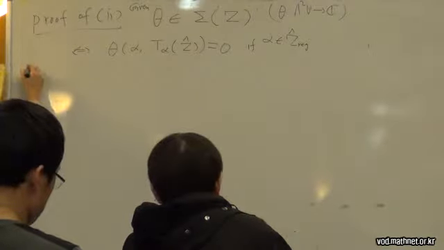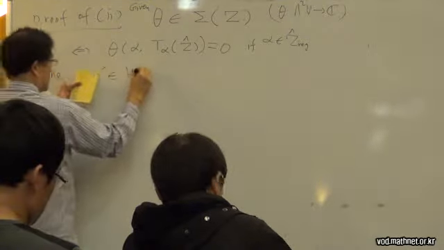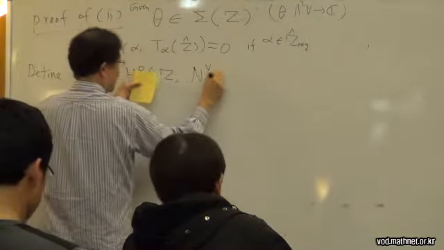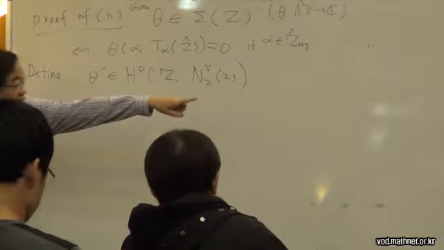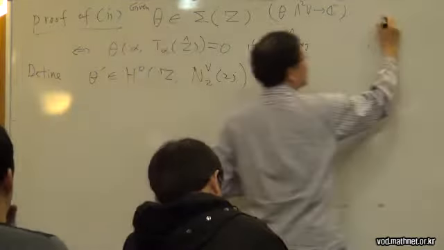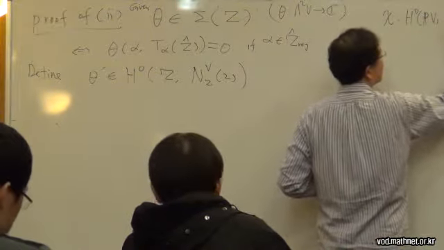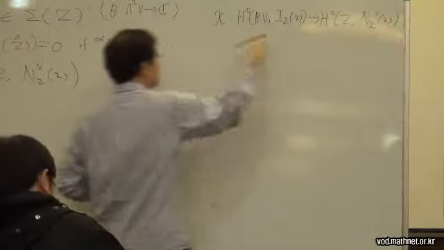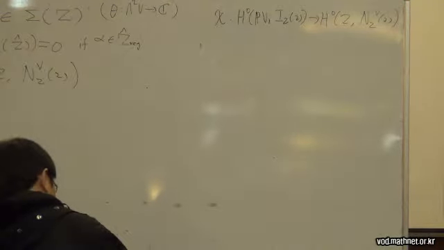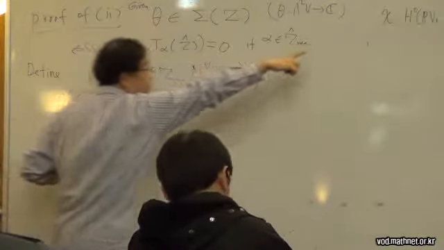So now we define theta prime, a section of this appearing inside chi, where chi was this, H0. Okay, we define theta prime as follows. Almost the same definition as what appears in chi.